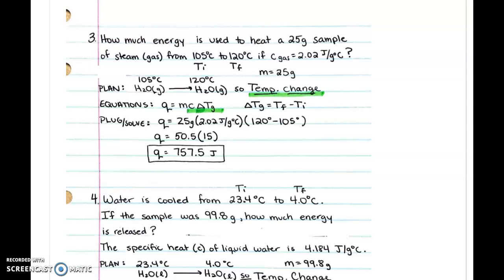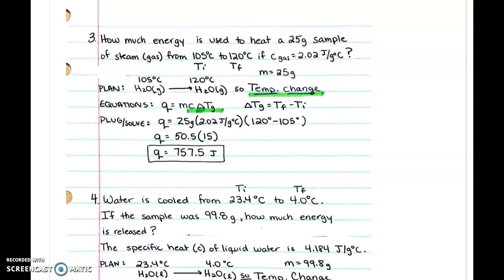I am using my equations, Q equals MC, change in temperature of the gas. Now, of course, I don't necessarily have to say change of temperature gas in this problem because we're just sticking with gas. You'll see later on why it's important to specify what change in temperature I'm talking about. Just go with it for right now.